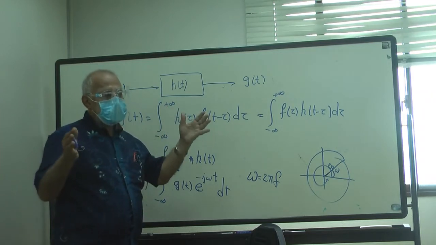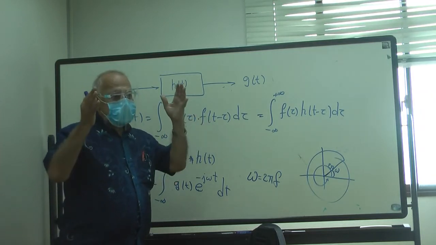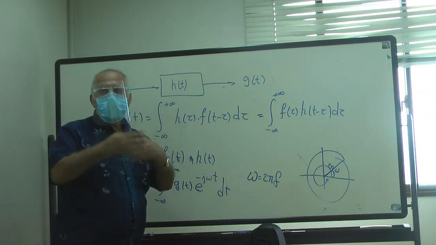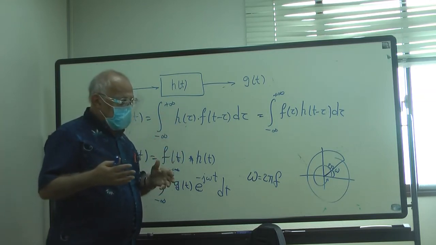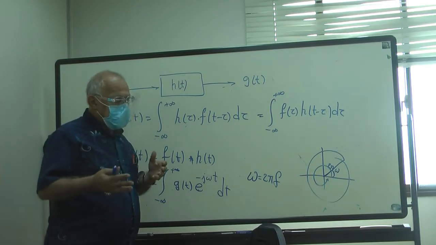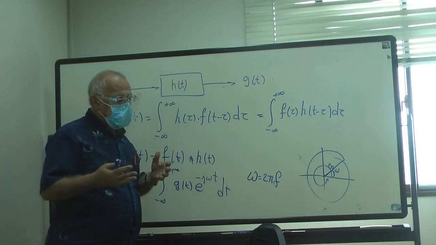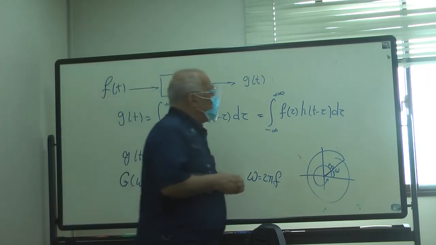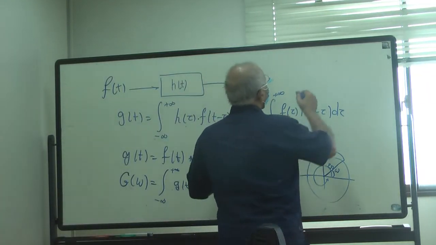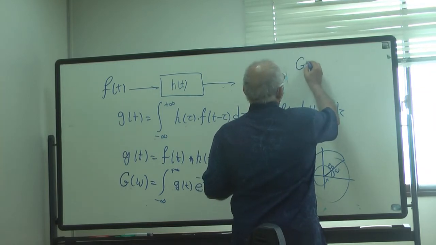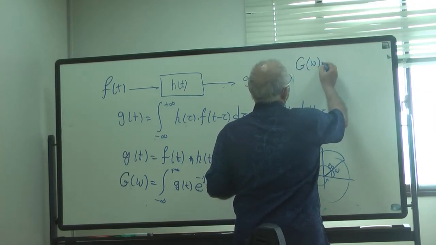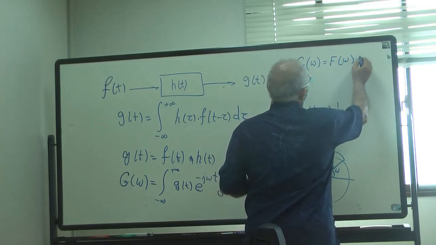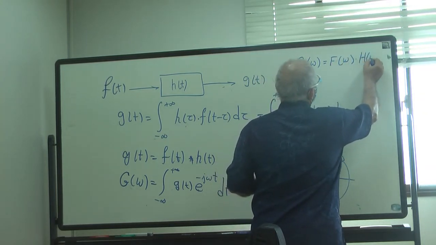For instance, for n samples the computation is n to the power 2. Especially in a fixed point processor, multiplication is the more difficult calculation. But if you go to frequency domain, then you can simply write G omega equals F omega multiplied by H omega.